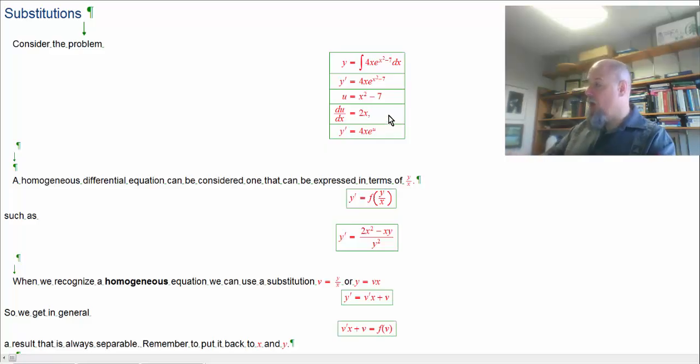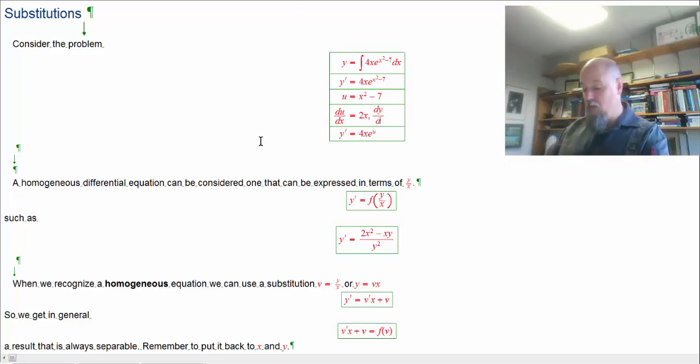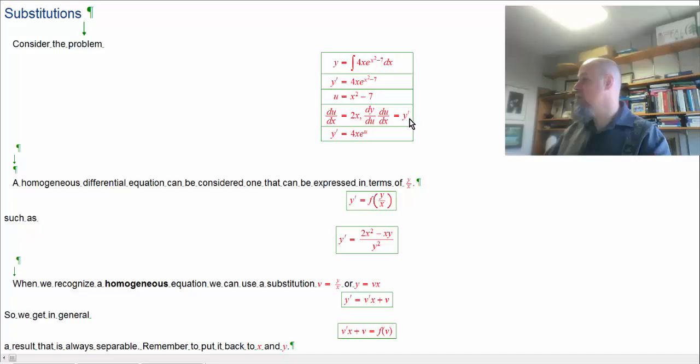I need to replace y prime. Now, this will be a little bit odd when looking at it in a calculus way, but y is a function of x and u is a function of x. So if I differentiate y with respect to x, I would get dy du times du dx, chain rule, and that would be equal to y prime.